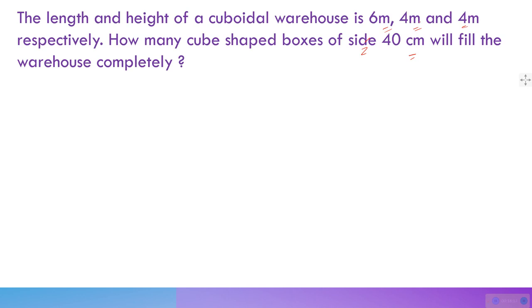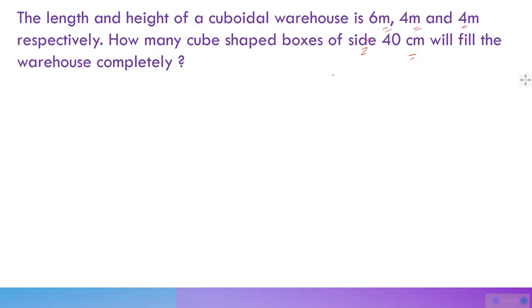Either you can convert this into centimeter or centimeter into meter. In this case, I would prefer to convert meter into centimeter, because if you convert 40 centimeter into meter, you will divide it by 100 and you will be writing 0.4 meter. So we will avoid decimal numbers by multiplying the meter, or changing the unit meter into centimeter.